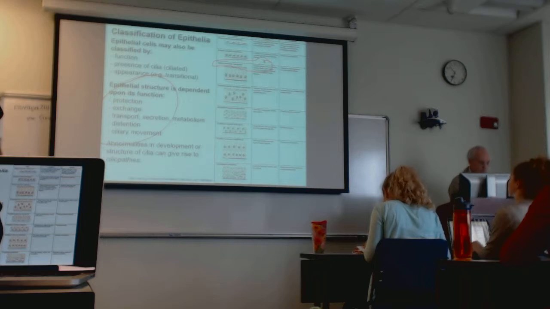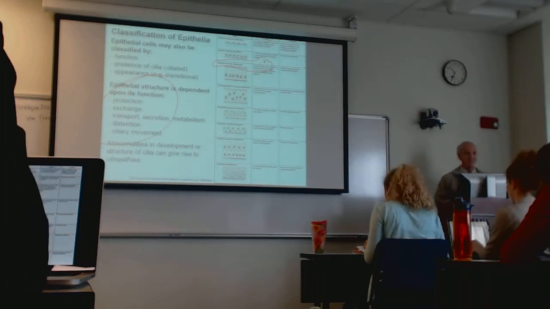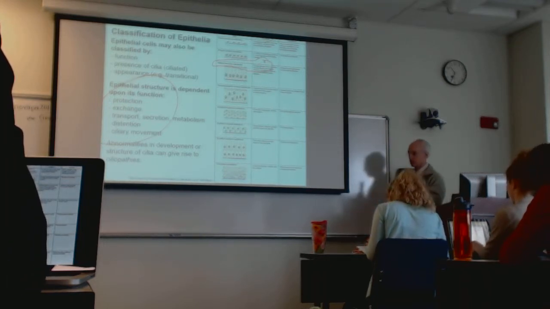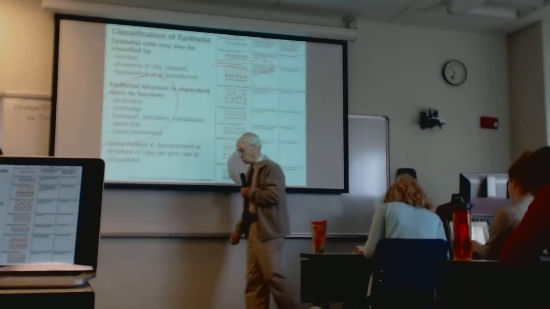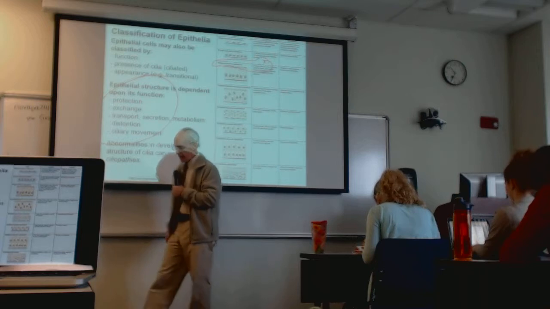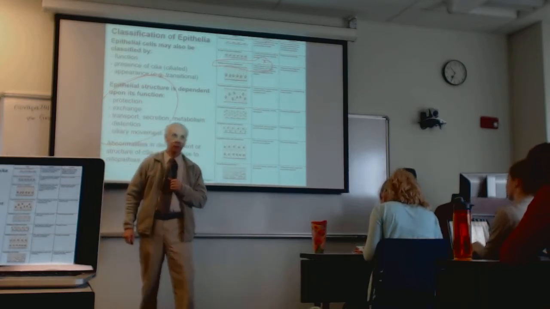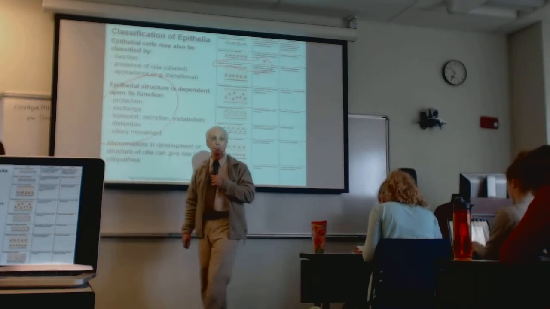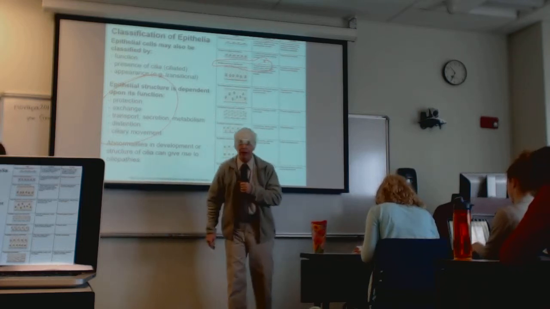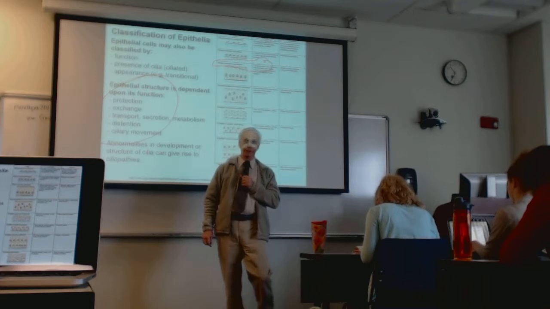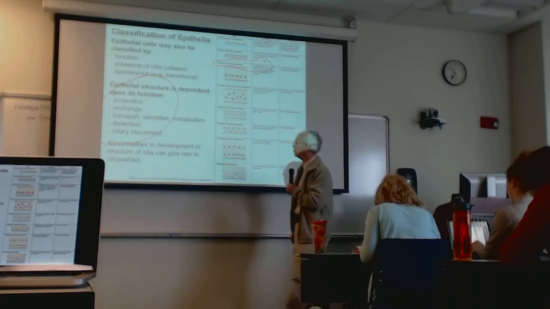Simple columnar epithelium is not generally ciliated. There are a few exceptions. We'll mention those later. Most simple columnar epithelium, such as the lining of the intestine, has microvilli, not cilia, microvilli. It's also called brush border.